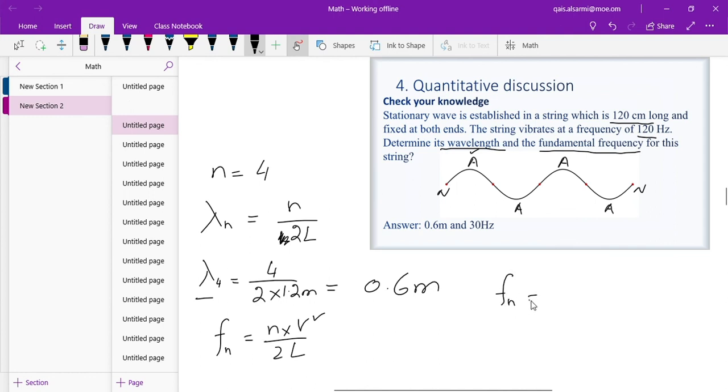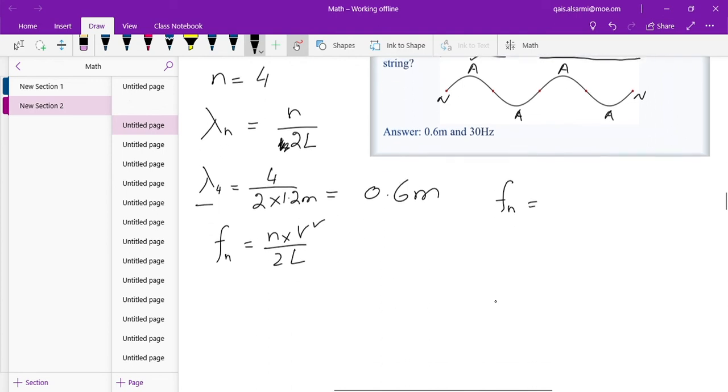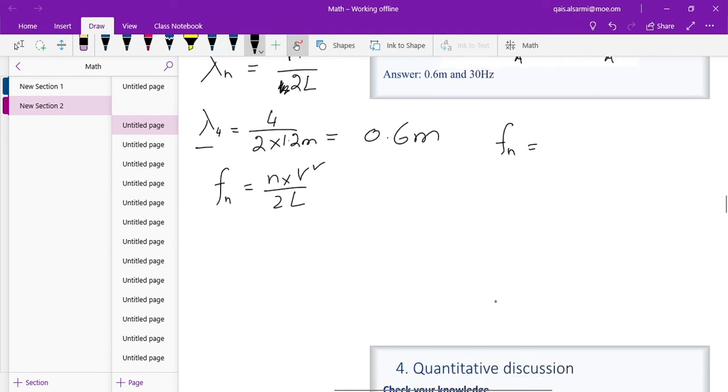We know that Fn equals n V over 2L, but V over 2L is nothing but the fundamental frequency.